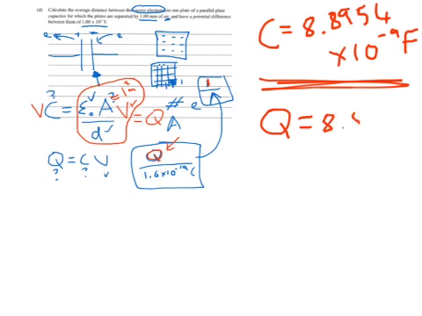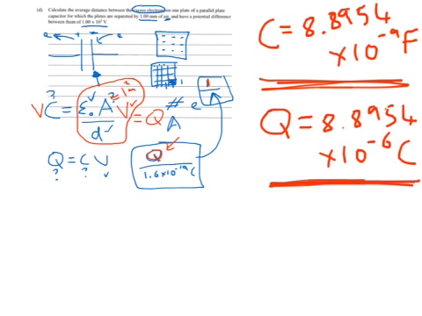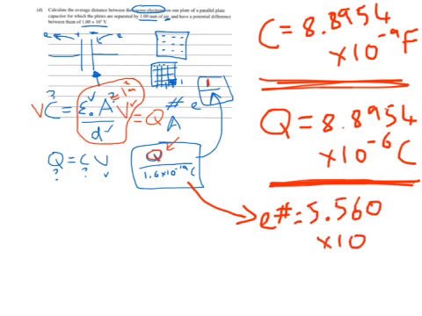It's 8.8954 times 10 to the minus 6 coulombs. Then we divide that total charge by the charge on a single electron, and that gives us the number of electrons: 5.560 times 10 to the 13. It's a lot of electrons. A lot of electrons indeed.